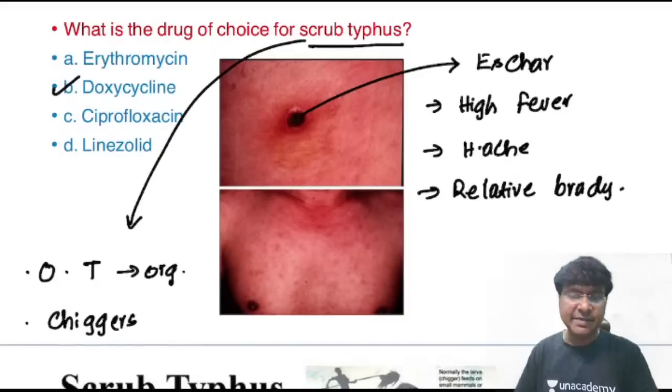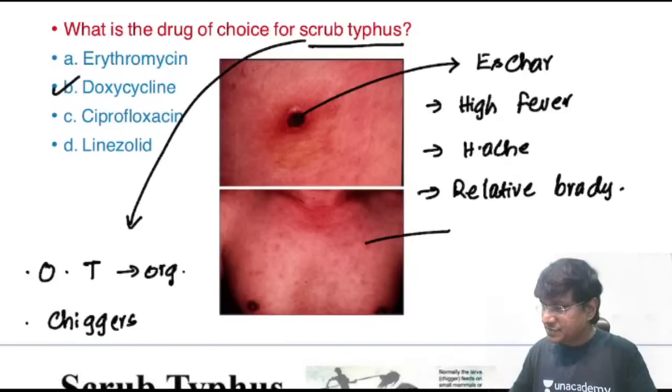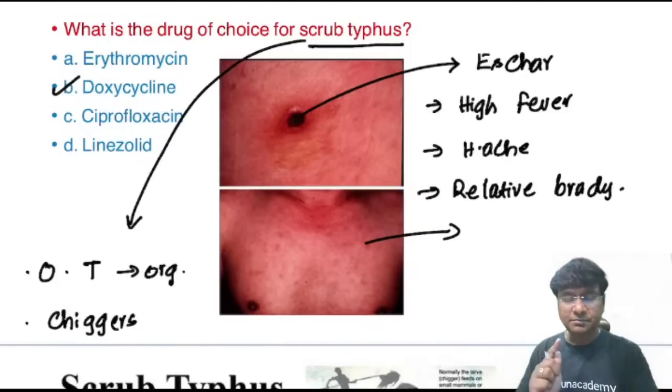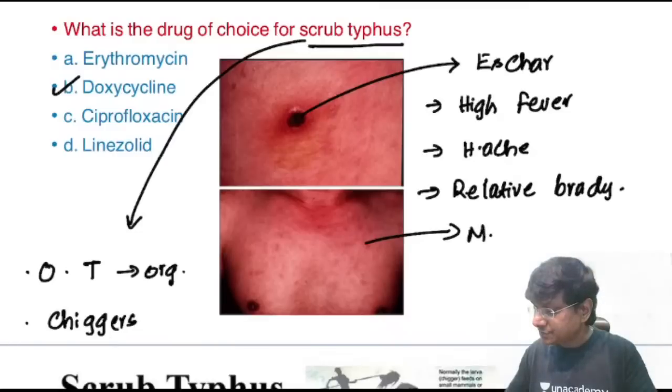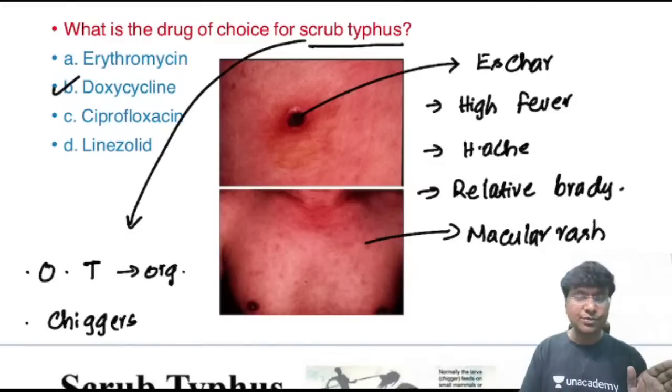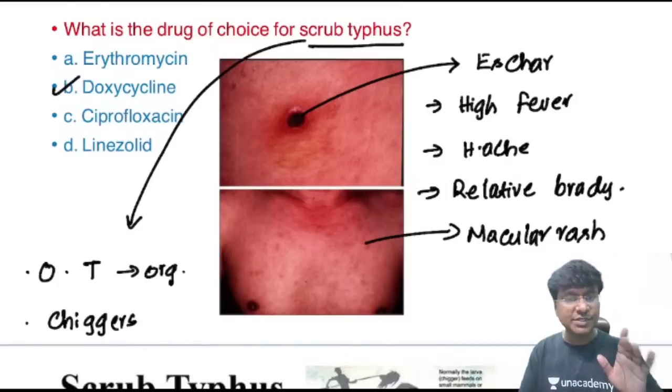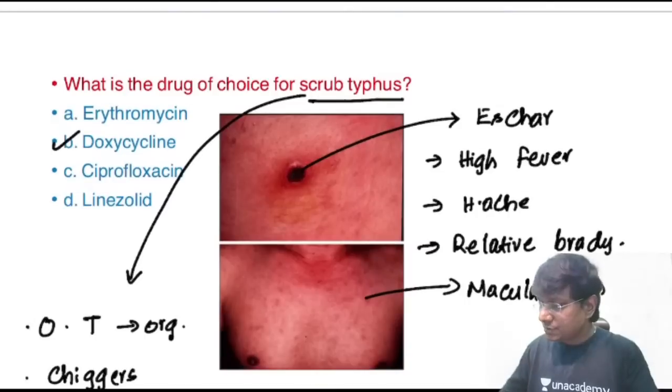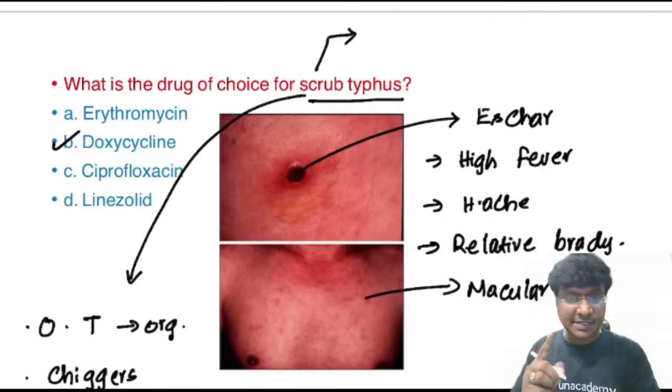Now, what are the skin manifestations? The skin manifestation in patients with scrub typhus is a macular rash. So this will be the skin manifestation in patients with scrub typhus. Next, you need to know what are the complications in patients with scrub typhus.